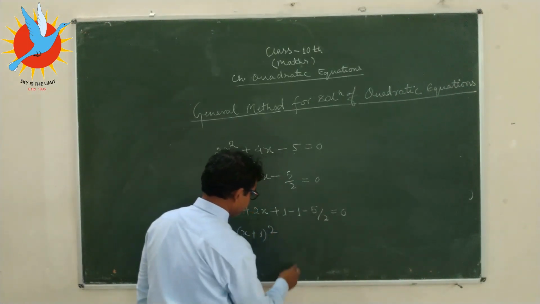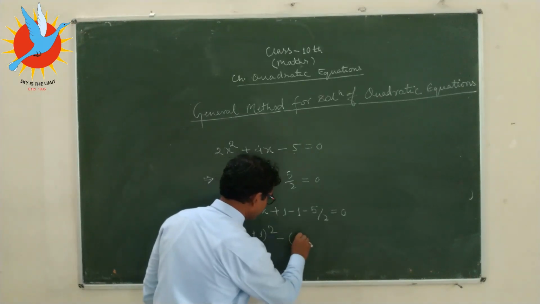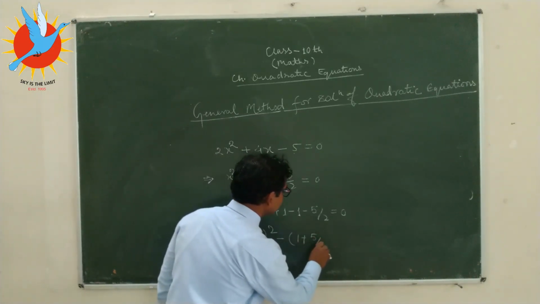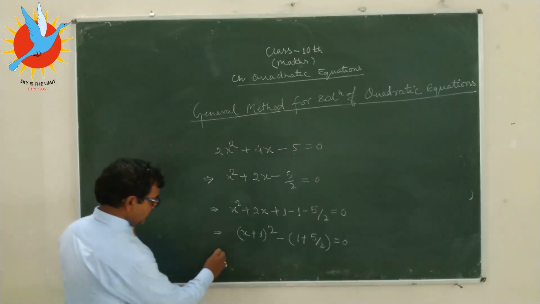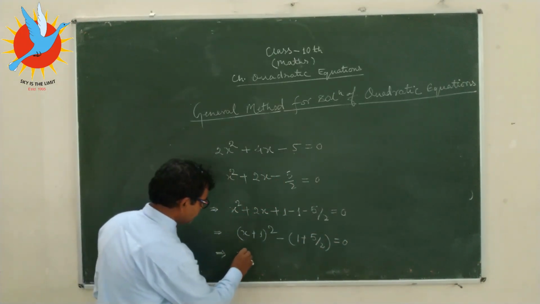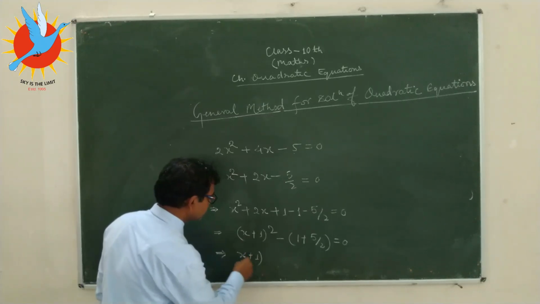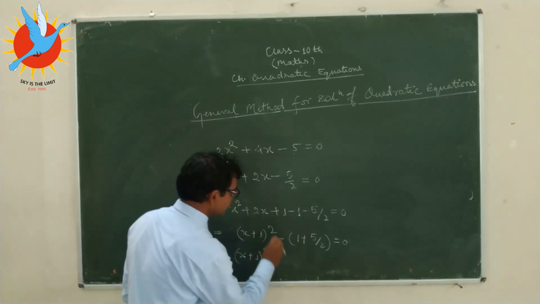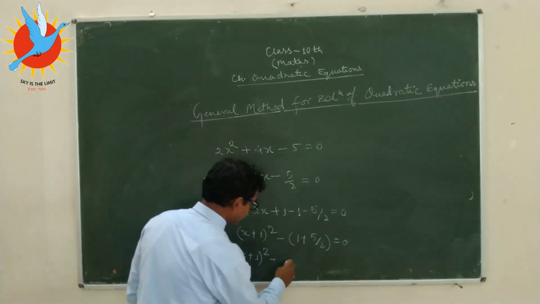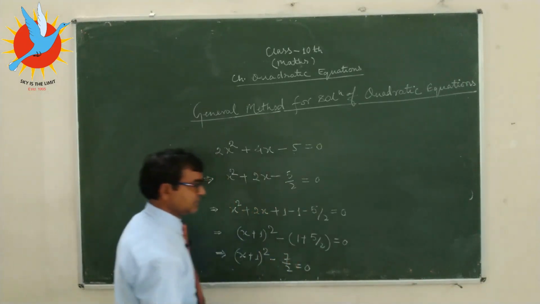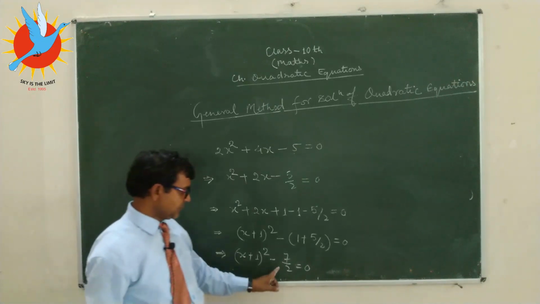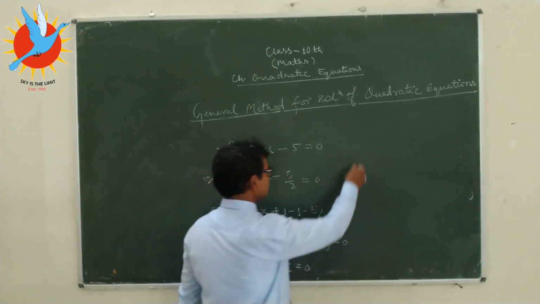Now this will be minus 1 minus 5 by 2 equal to 0. This gives x plus 1 whole square minus 7 by 2 equal to 0. Now we have to take this to the right hand side.